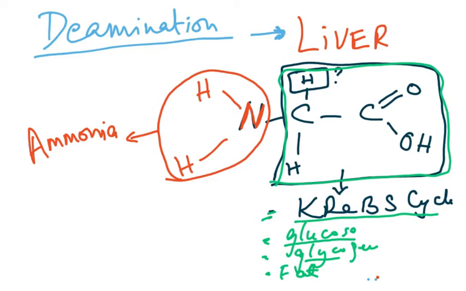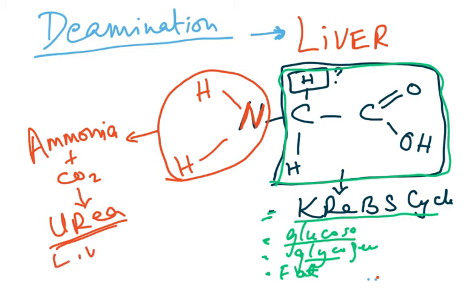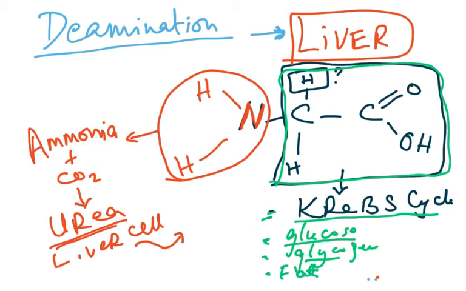But this ammonia part combines with carbon dioxide and it is going to form urea. Now this whole thing is taking place in the liver cell, and then the urea is going to enter the blood and be carried in the blood plasma.